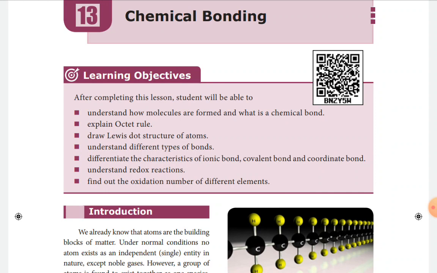You will gain knowledge of the characters of ionic bond, covalent bond, and coordinate bond, and how to differentiate them, and types of reaction like redox reaction. And also, you are going to find the oxidation number of different elements. These are the important objectives.